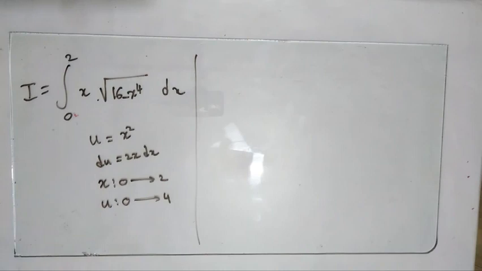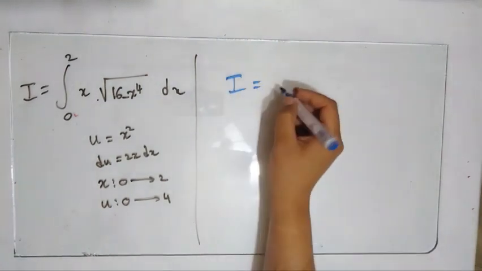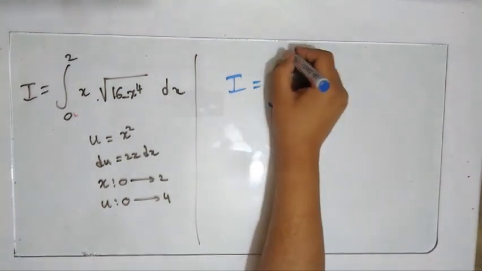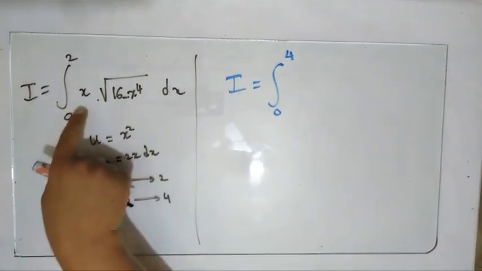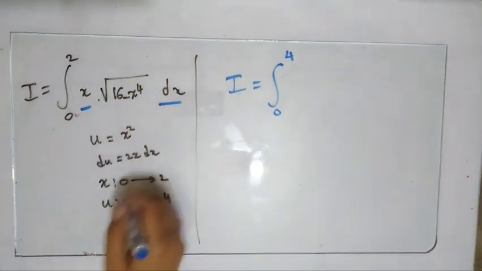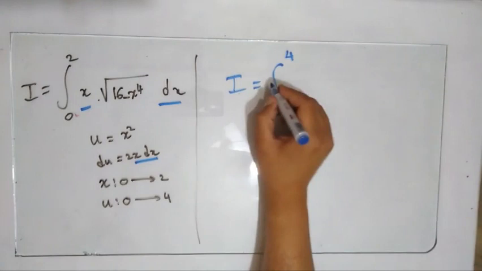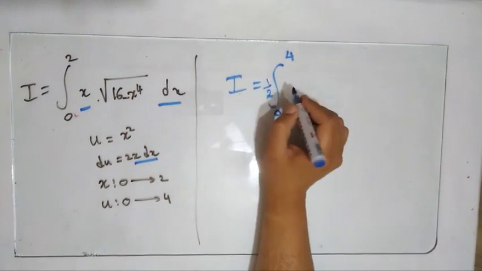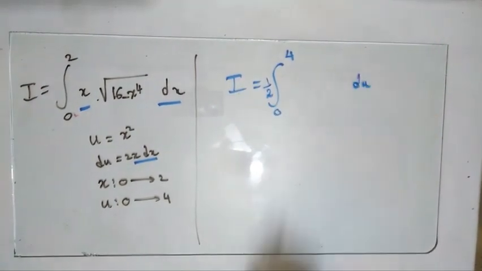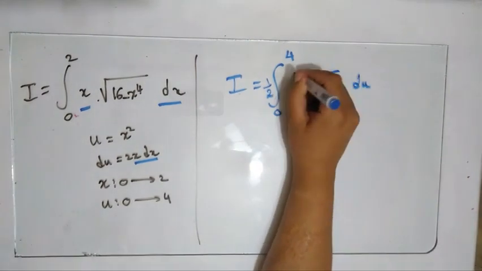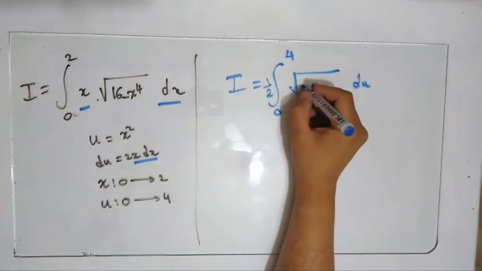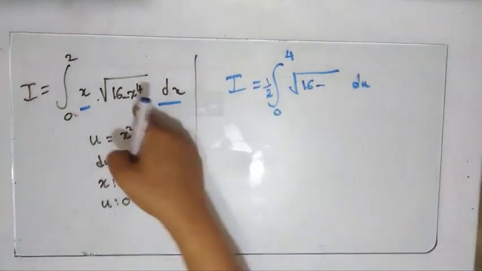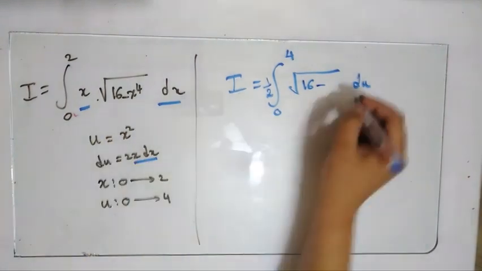So this integral I can be written as follows. It will be the integral from 0 to 4, and then you have x dx, which is half du, so we can write half before the integral sign, and then du. Then you'll have the square root of 16 minus x to the power 4, which is now u squared.